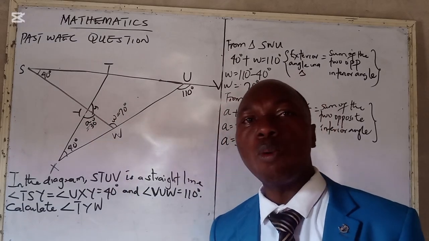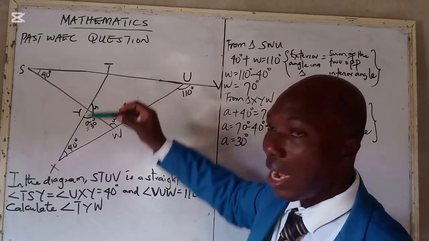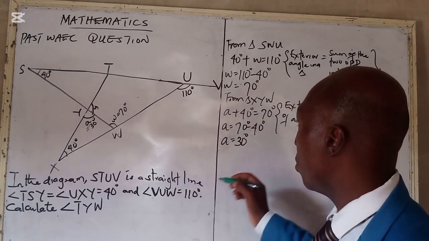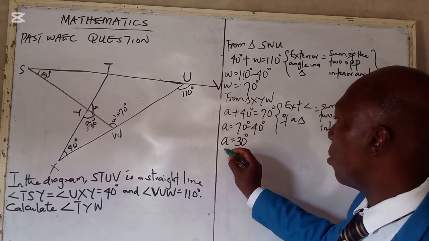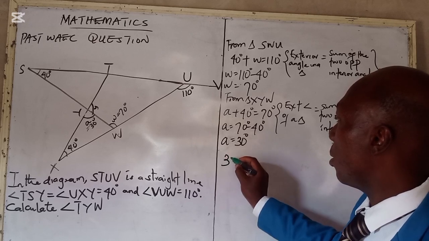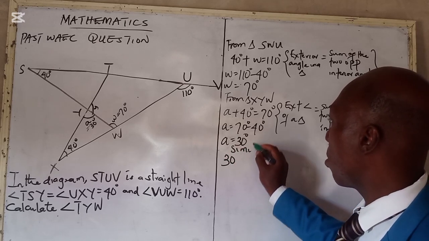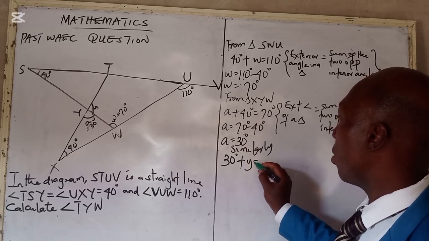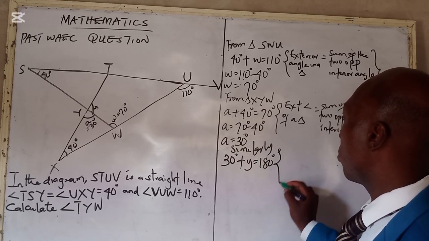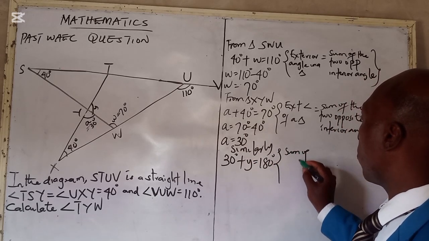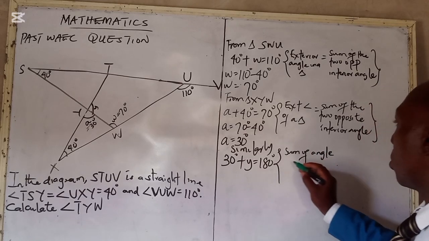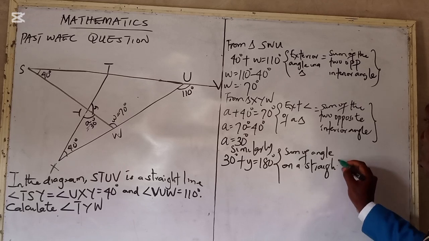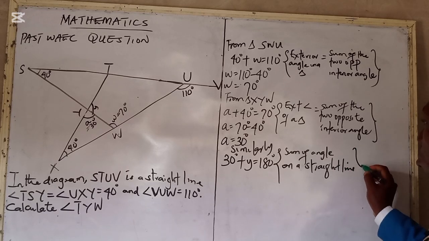So we know that this A and small y are on a straight line. Sum of angle on a straight line is 180 degrees. So we say 30 degrees plus y equals 180 degrees, sum of angle on a straight line.